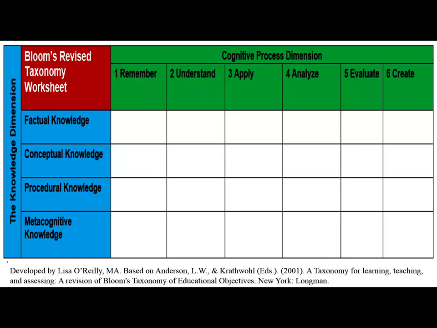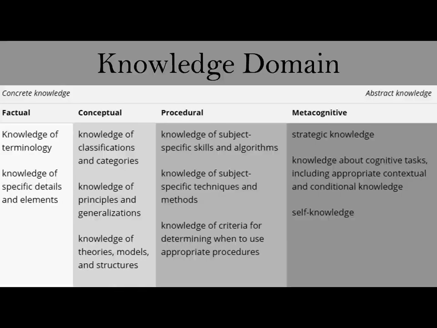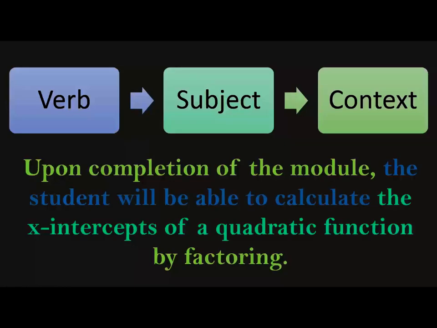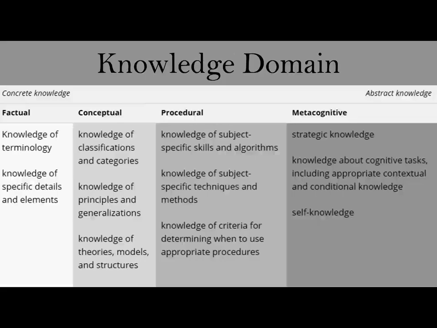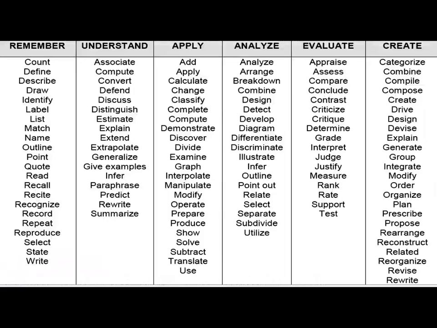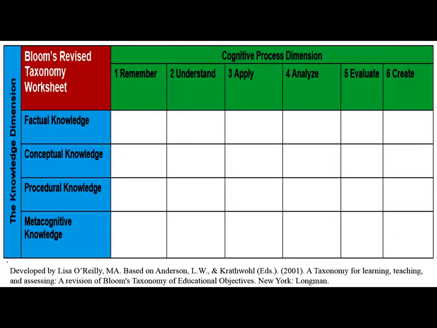And that's going to happen sometimes. You will have objectives that will take up more than one slot. Let's see. The student will be able to calculate the x-intercepts. That'd probably be about the same spot, right? Apply and procedural, for the one that we were looking at earlier.